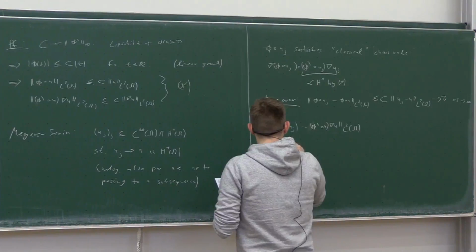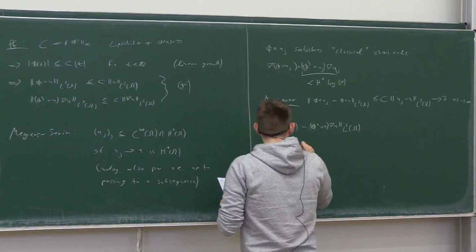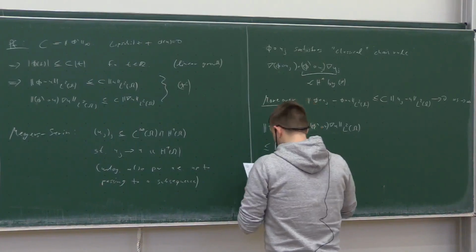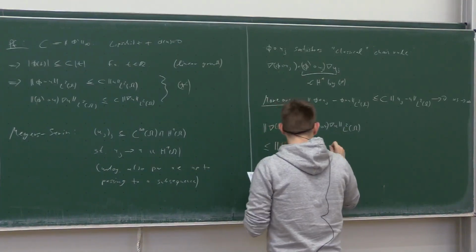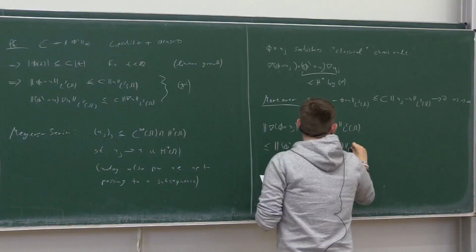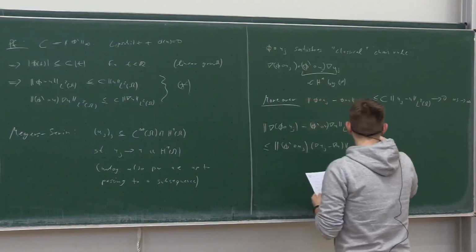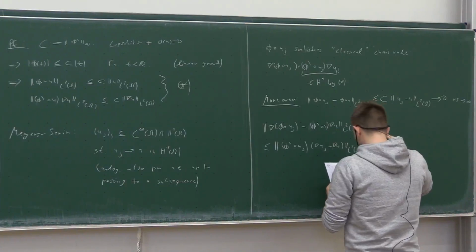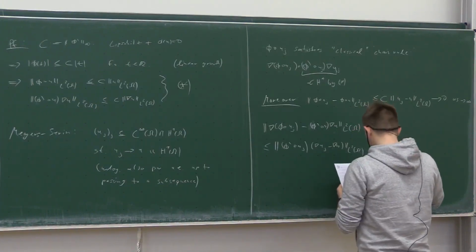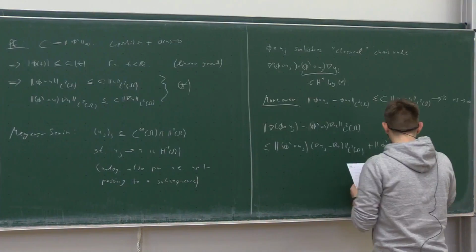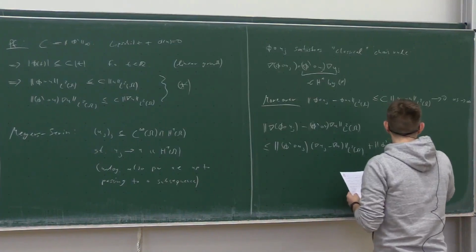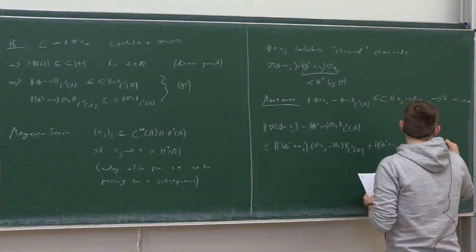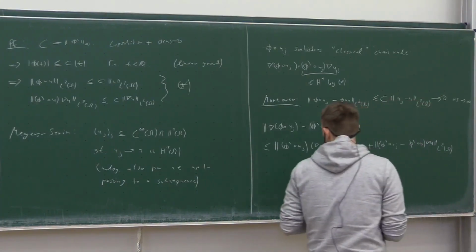So I write phi prime after uj times the gradient of uj minus the gradient of u in L2 omega, plus phi prime after uj minus phi prime after u, and this all times the gradient of u in L2 omega.